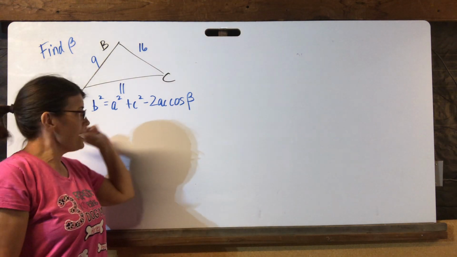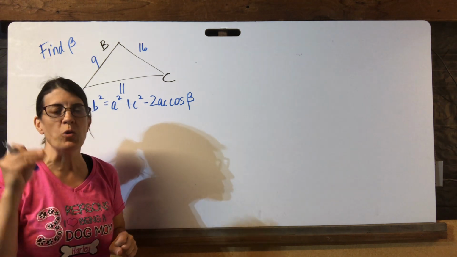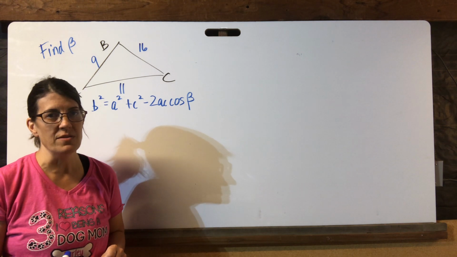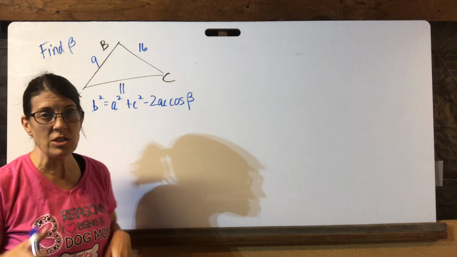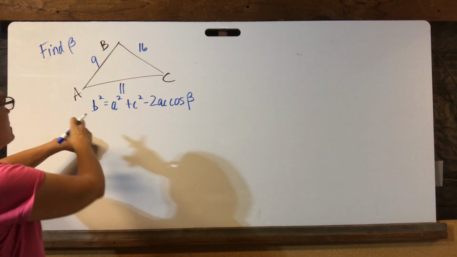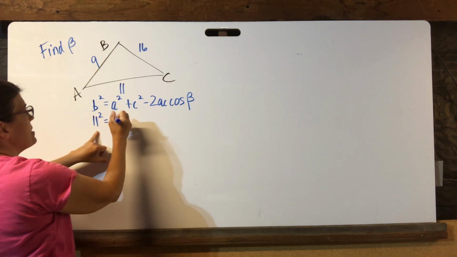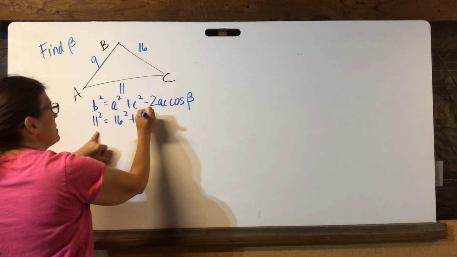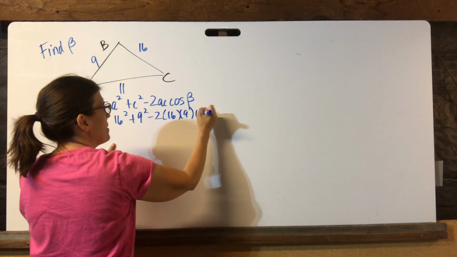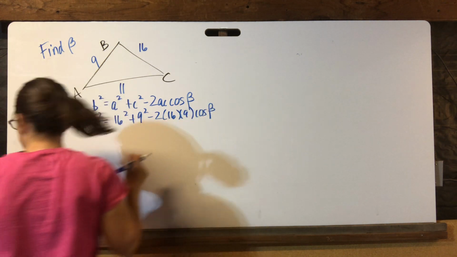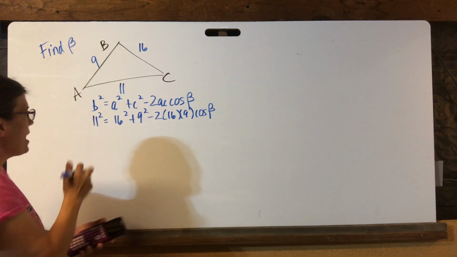Miss Babiak, can't I just plug in? And the answer is yes, but most of you are going to mess up the order of operations. So for example, let's just do it this way as is, and I'll explain what I mean by order of operations. So B is 11, A is 16, C is 9, yes? So you get 121.